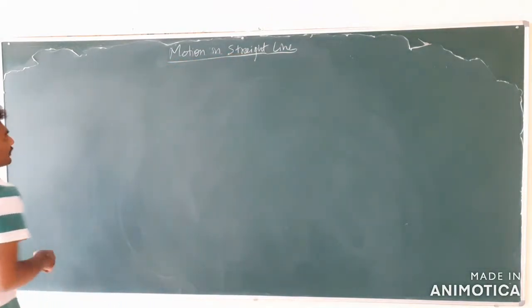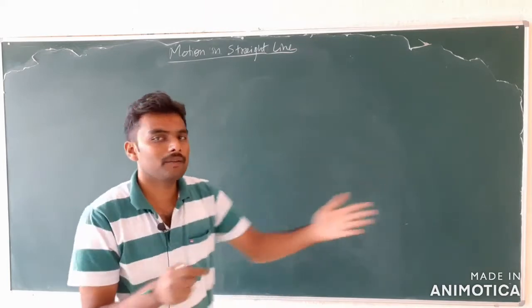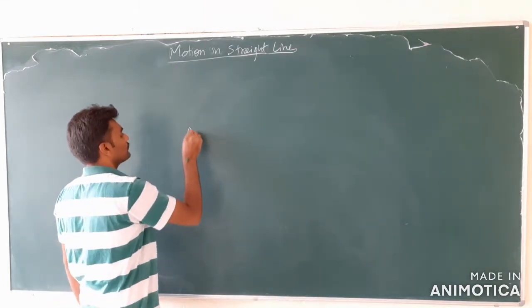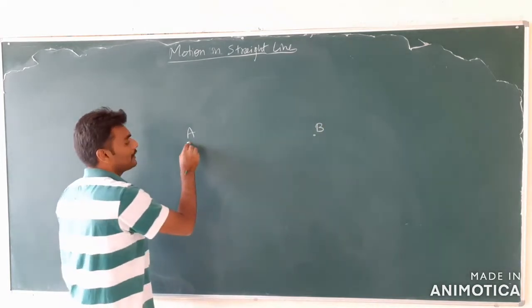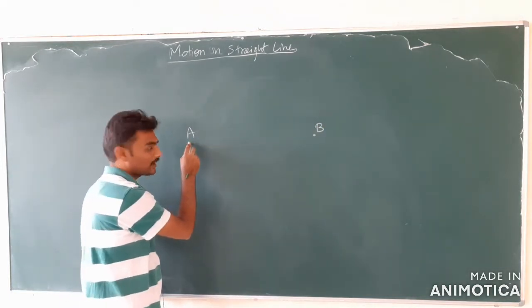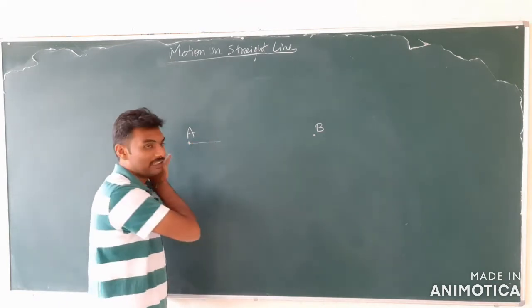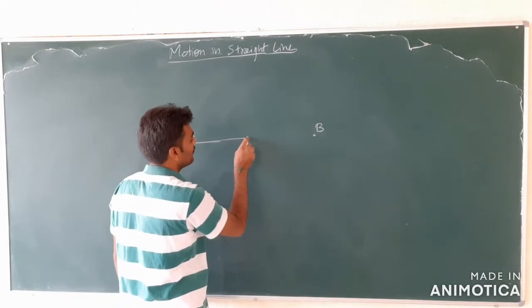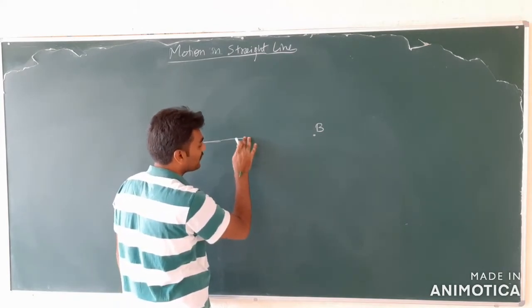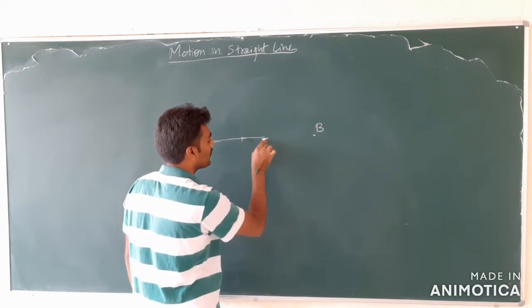Say you have point A and point B, and from point A a body starts from rest, then goes with a good amount of speed, increasing speed, and suddenly decreases its speed after a certain point and comes to zero at a certain point.